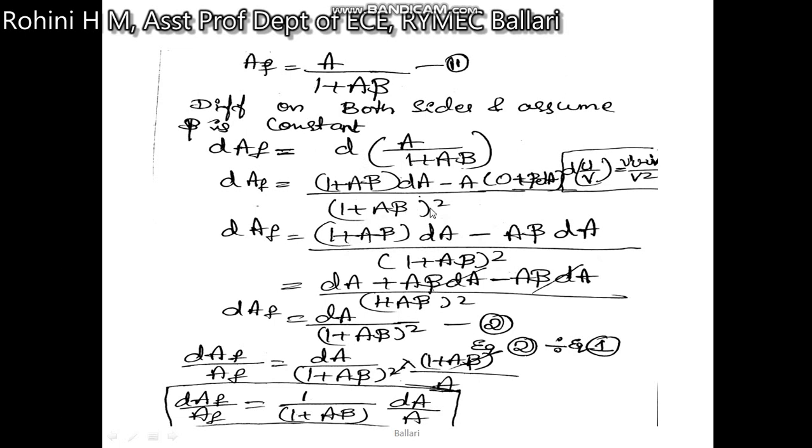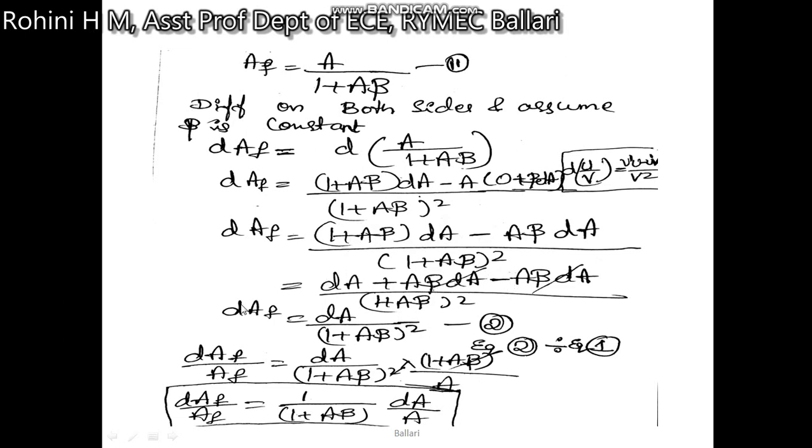So the denominator squared is (1 plus A beta) squared, times the denominator 1 plus A beta, times the differentiation of the numerator, which is dA, minus the numerator A as it is times the differentiation of the denominator. The differentiation of 1 is 0, and for the second term, beta being constant, beta times differentiation of A is beta dA. Splitting up the first term, we get dA plus A beta dA, minus A beta dA.